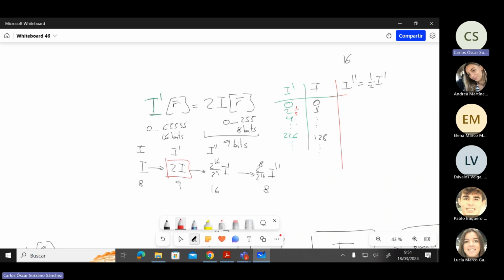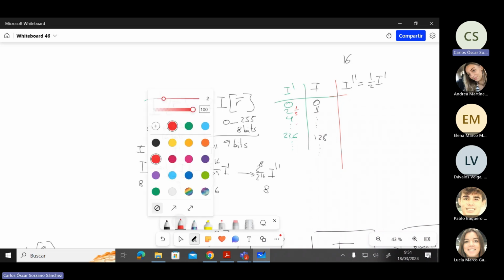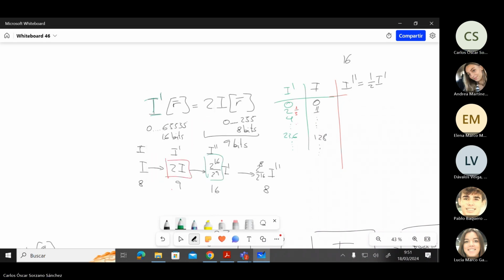This one is the contrast enhancement, so it is the same operation, but now I'm not fully exploiting my range of bits. So I scale it to have my full range. And then because at the end I want to come back to 8 bits, I do a similar operation, and I have to round.